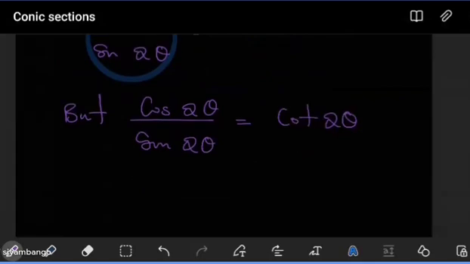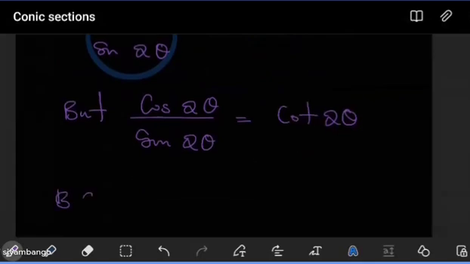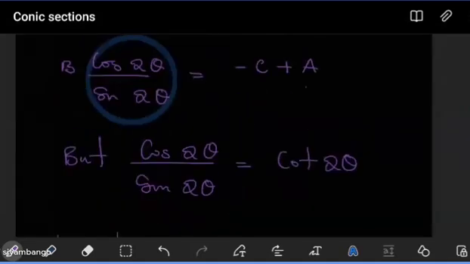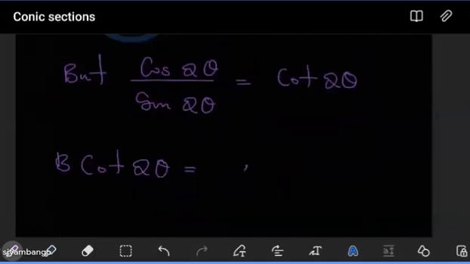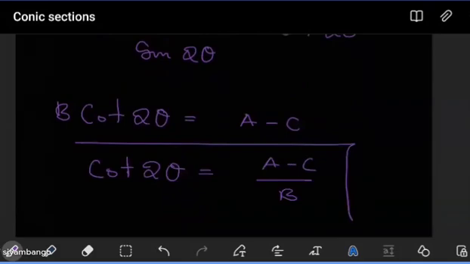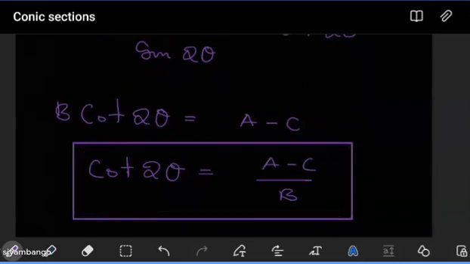Meaning that we now have b cot 2 theta is equal to, on the right, I can start by writing the positive a there. So this will be a minus c. Divide both sides by b, and then we have the expression we're looking for, which is a minus c over b. This is what we're going for.